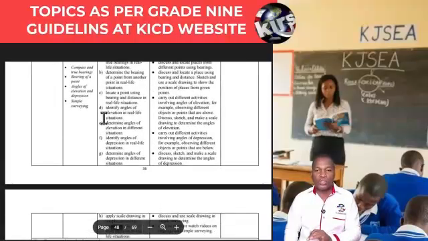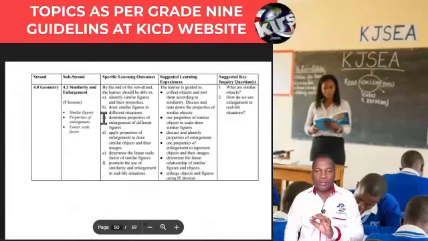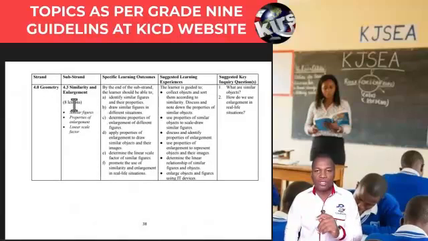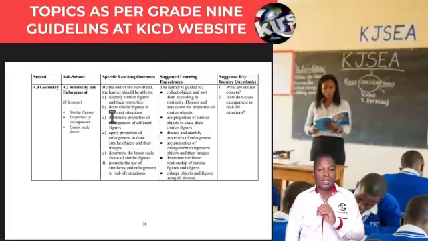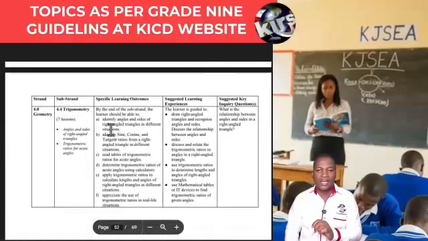And because I was just illustrating, I would finish by saying that I also mentioned similarity and enlargement, a topic which is taught in Form 2. According to the mathematics guidelines for grade 9, it is supposed to be handled before one does the KJSEA exam.